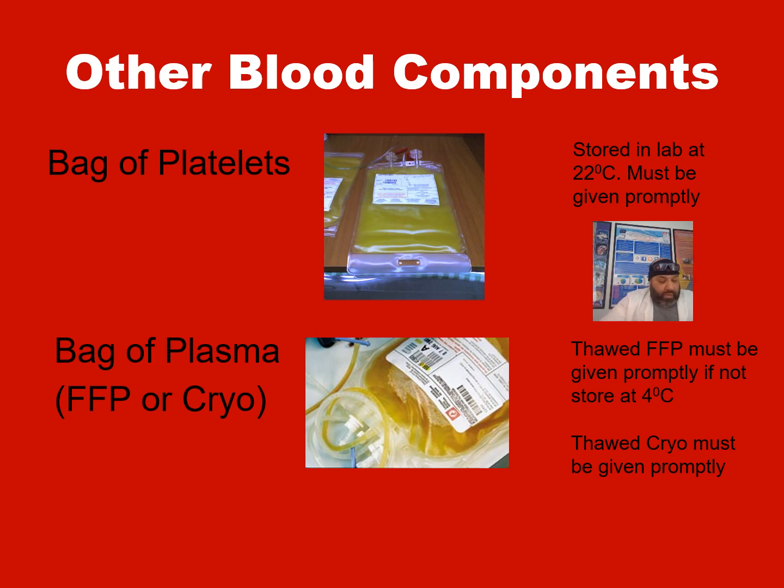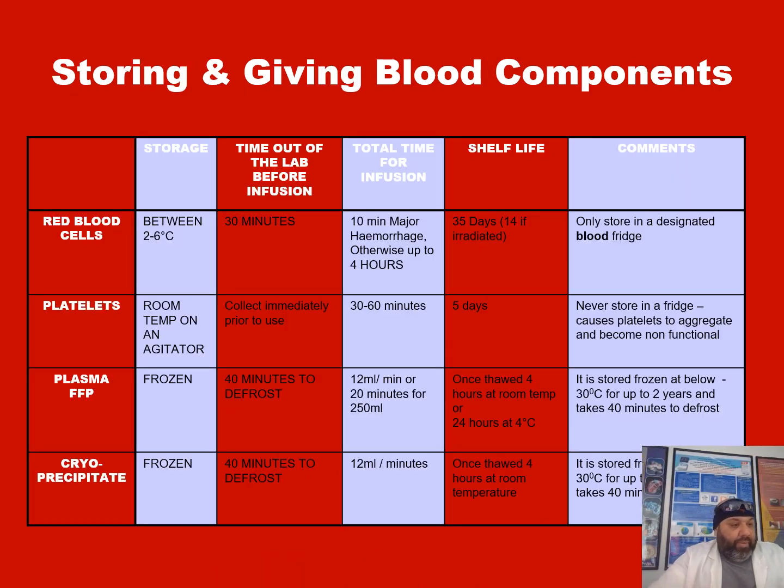So now I just want to put a little emphasis around the storing and giving of these different blood components. The storage for red blood cells is between 2 and 6 degrees, a cold or cool fridge temperature roughly.